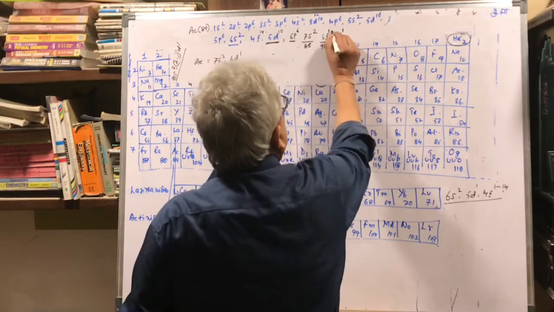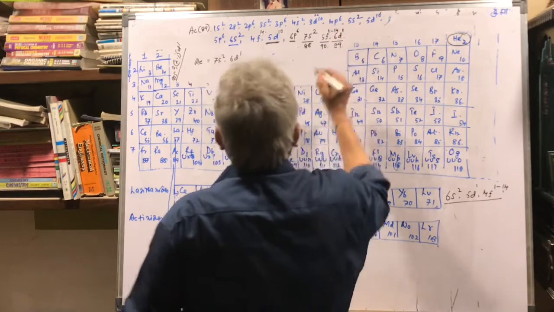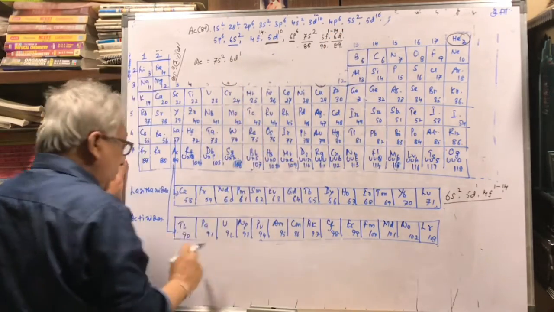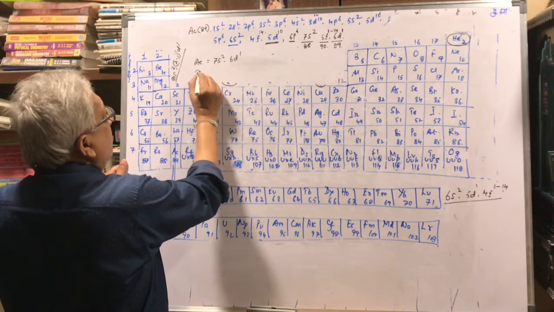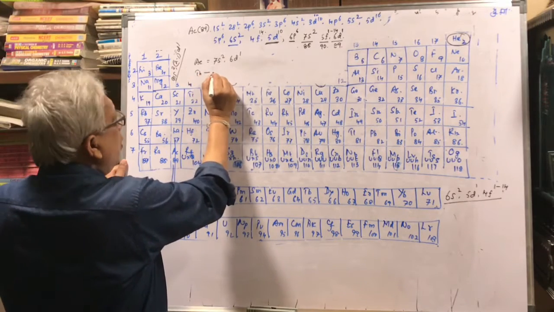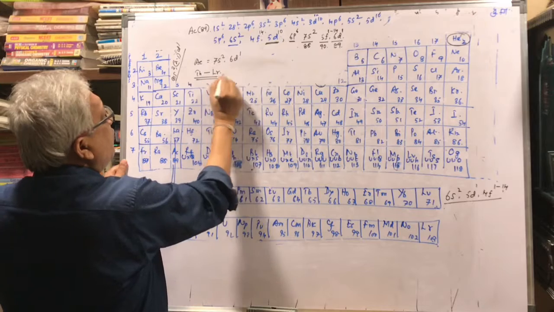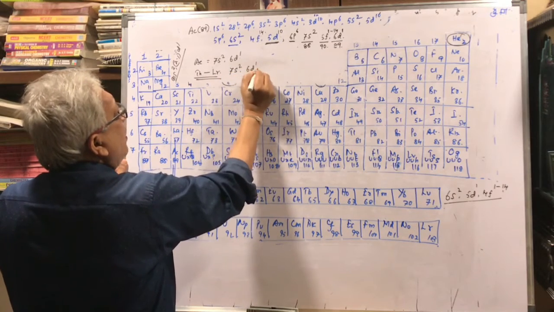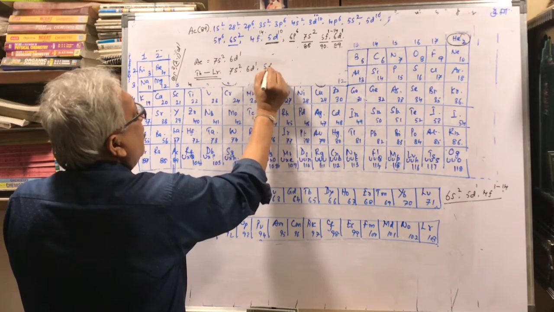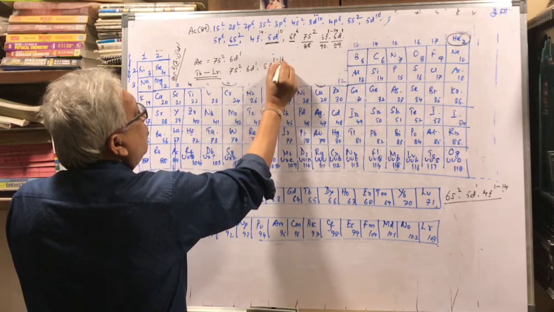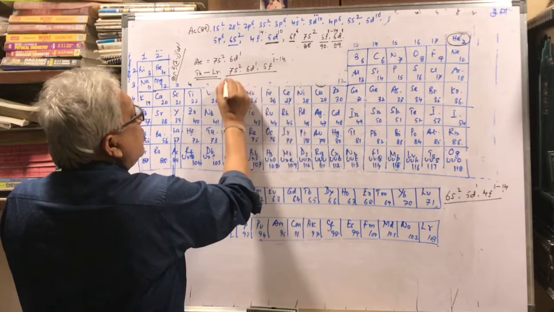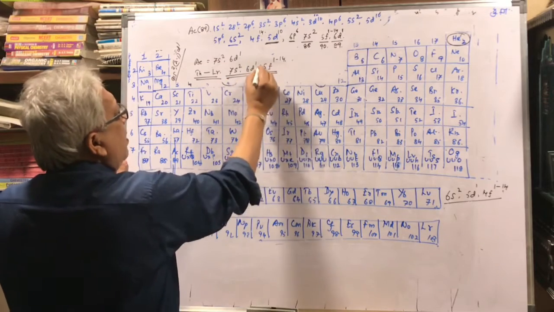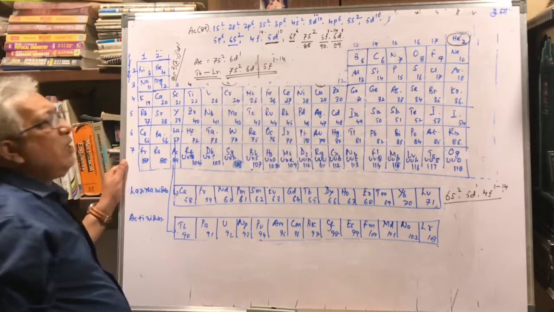And then they all fill up from 1 to 14. Therefore, for thorium to lawrencium, the configuration becomes 7s2, 6d1 and 5f 1 to 14. This is why their behavior will also depend upon 7s2, 6d1.